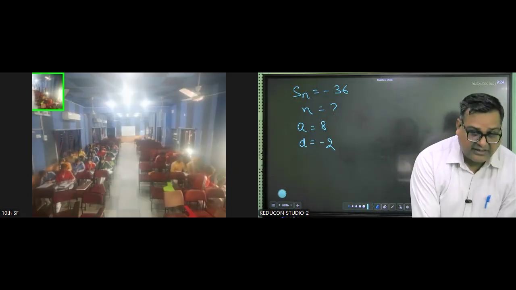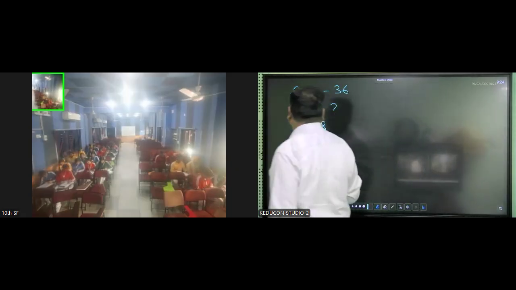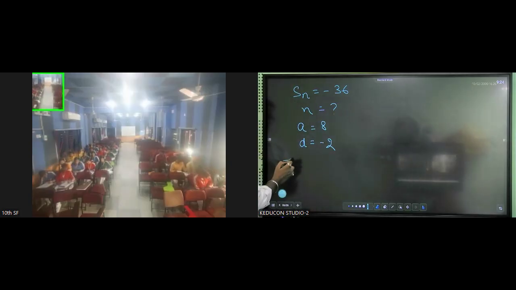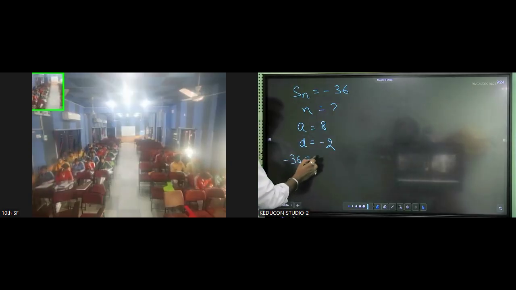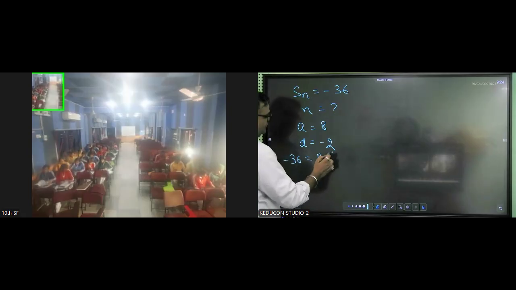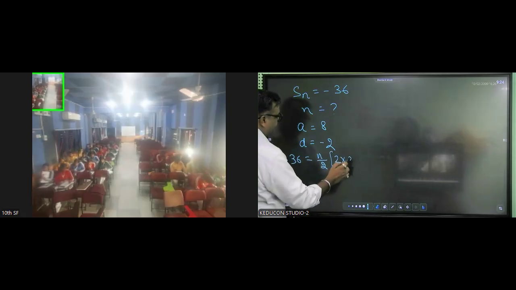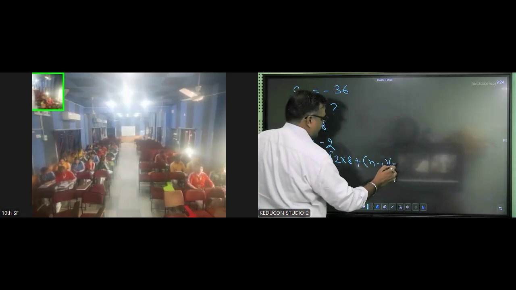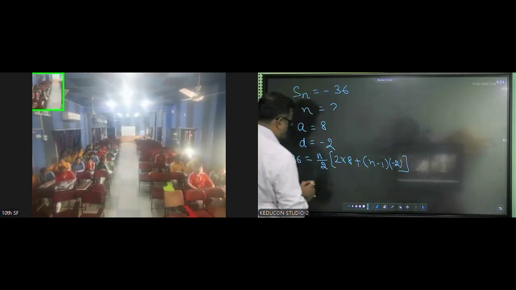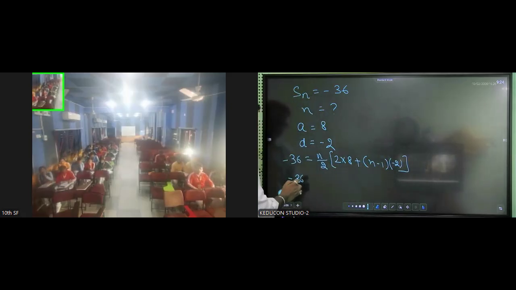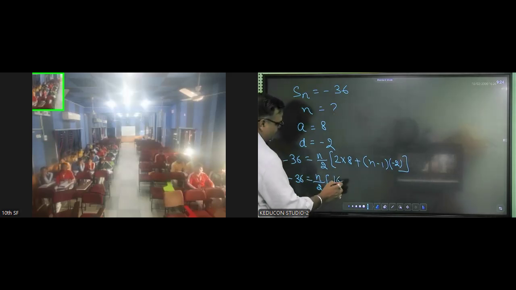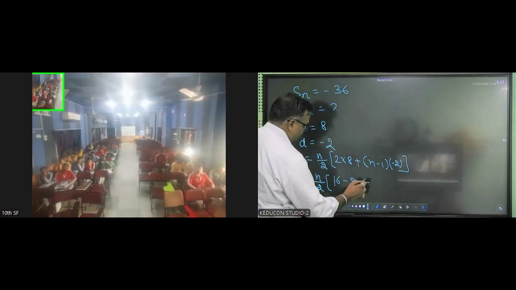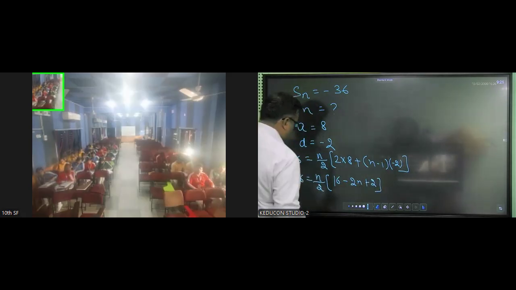Look children, if you are not doing it, Sn is given to you. Put in the formula: Sn is equal to n by 2 into 2a plus n minus 1 into d. Solve this. 16 minus 2n plus 2, right?